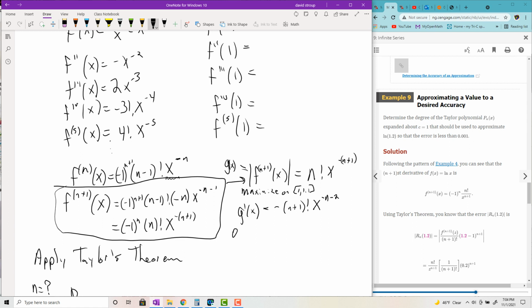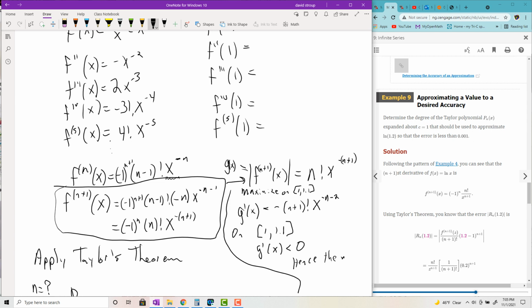So on 1 to 1.1, if you plug any number in that interval into g prime of x, it will be less than 0. So what? Well, that means that the function is decreasing on that interval, and so its maximum will be at 1.